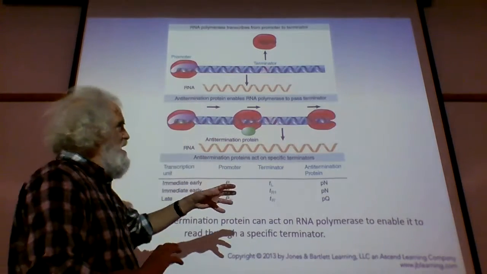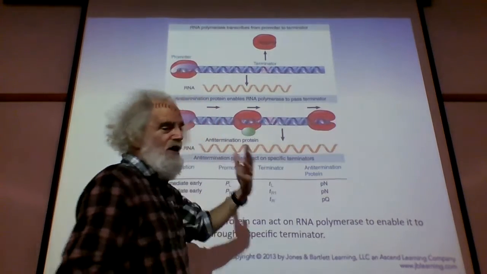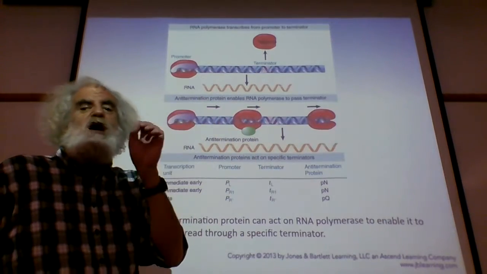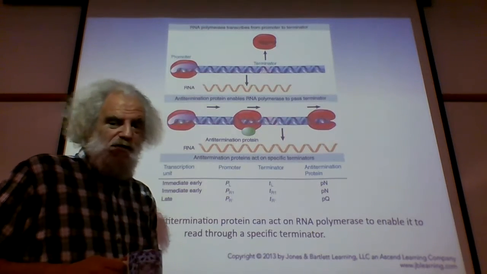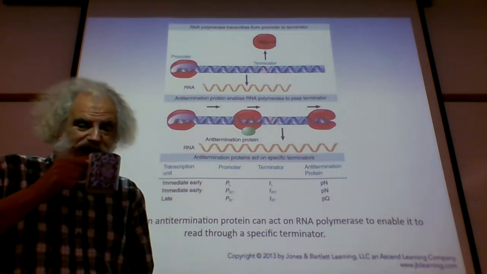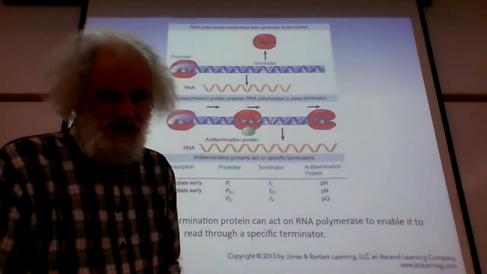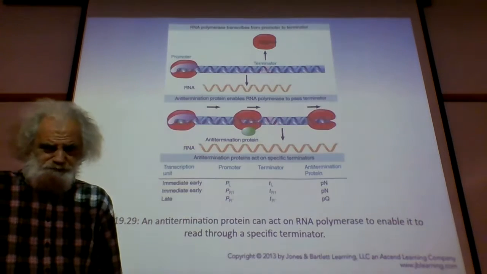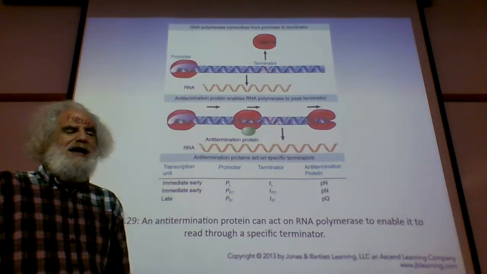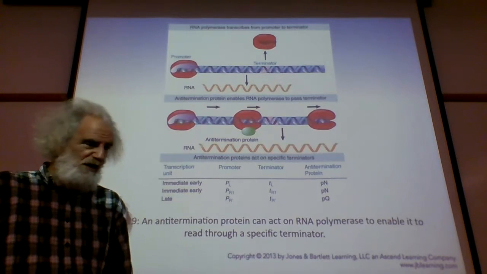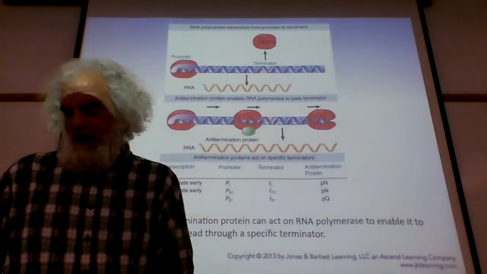N can bind and allow for the RNA polymerase to read through. It allows for the RNA polymerase to pass through a terminator spot. And so this allows for the production of a longer RNA. And we're going to see, as we start talking about a little bit of interesting viral gene regulation, that the N anti-terminator is going to be playing a critical role in bacteriophage. So that's just another thing to keep in mind.